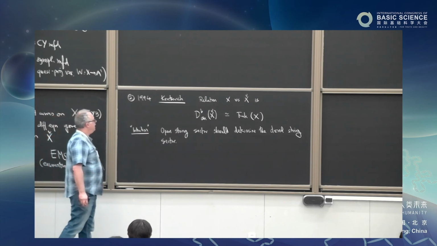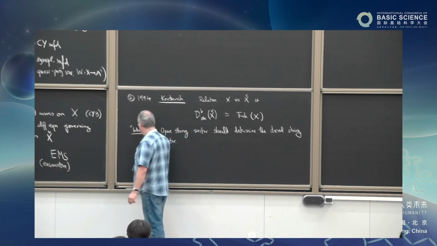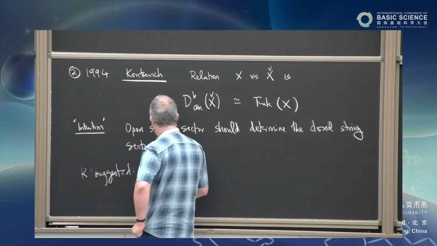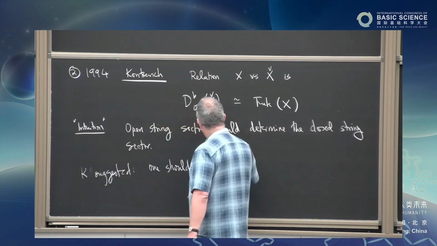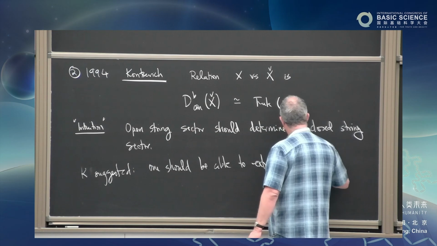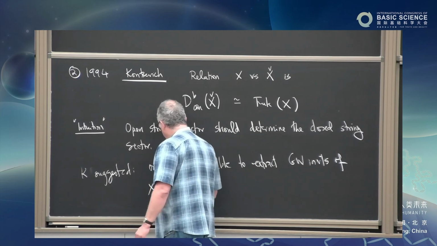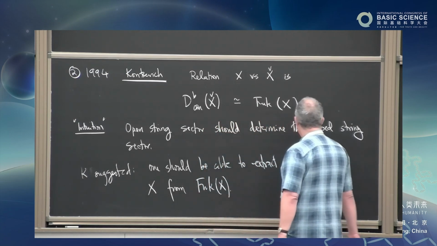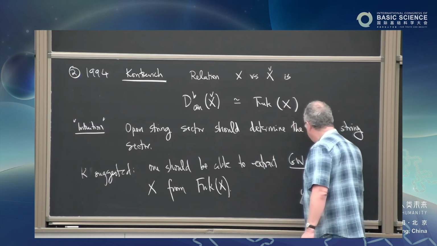And in practice, what Kontsevich suggested was that one should be able to extract Gromov-Witten invariants of X from the Fukaya category of X. The Gromov-Witten invariants are the formal name of the curve counts.